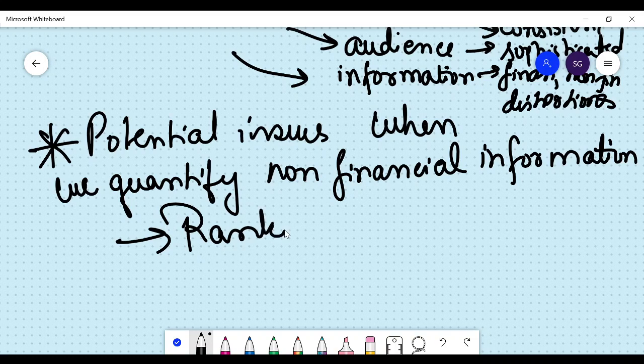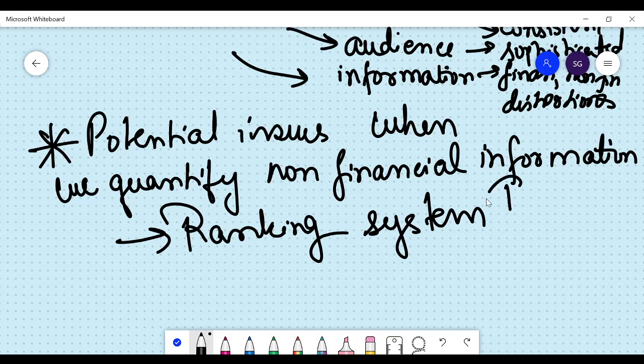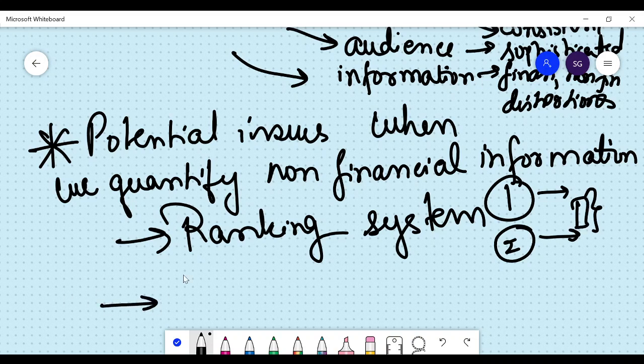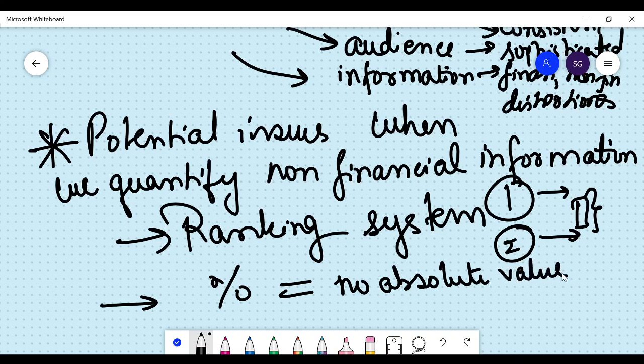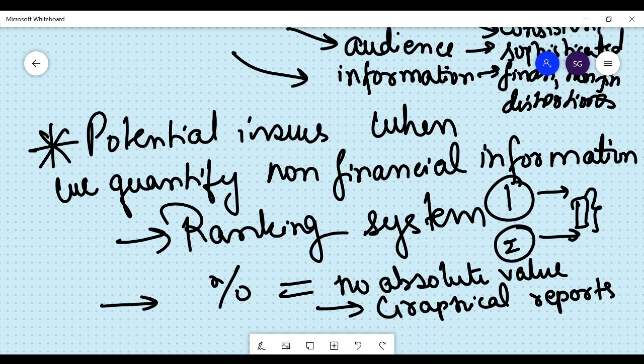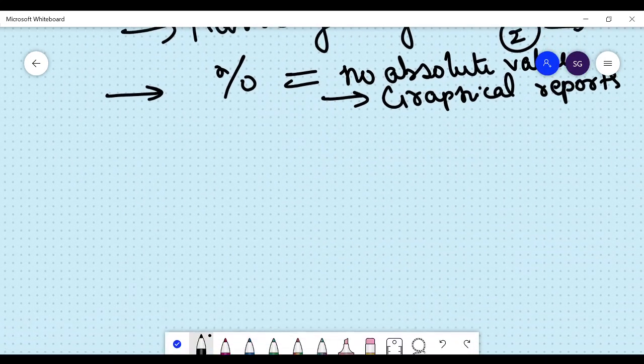In case of a ranking system, when something is given a first rank and something is given a second rank, we don't know the difference that exists between the two. When we give a percentage, there is no absolute value to judge. And the last one is graphical reports can be exaggerated or manipulated.